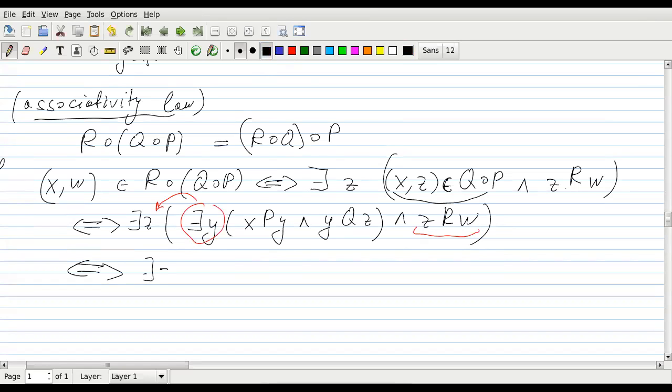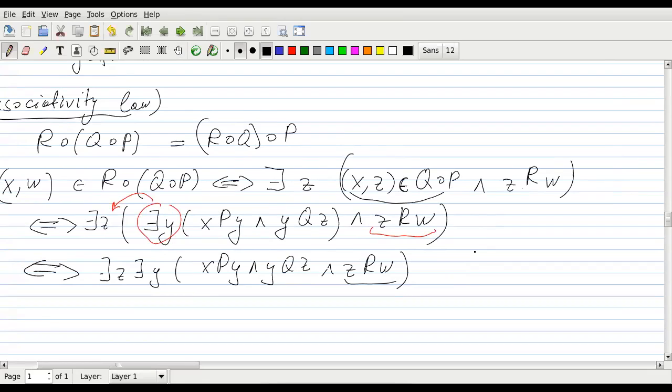So there exists Z, there exists Y, so that X, P, Y, and Y, Q, Z, and Z, R, W. It's possible because this thing does not depend on Y. If I say that there exists X, such that X is even and today is Thursday, it is the same logically as saying that today is Thursday and there exists an X which is even.